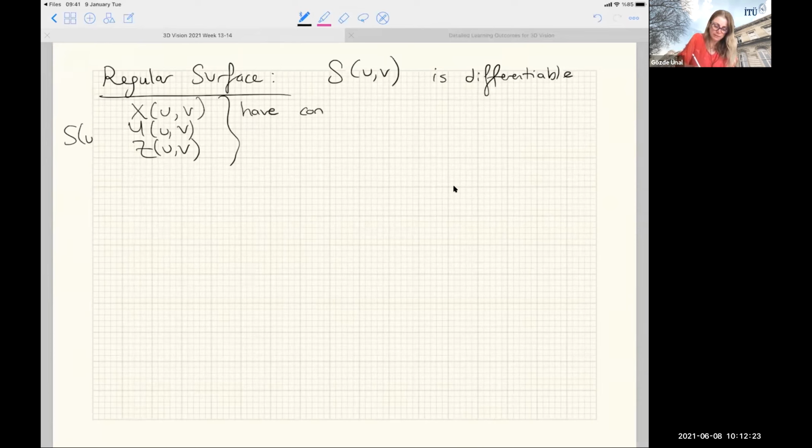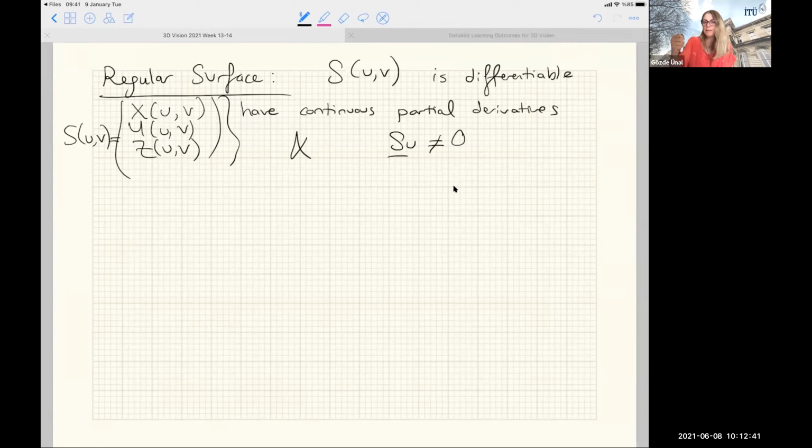This is really S(u,v). Have continuous partial derivatives, I mean, equivalently, it's differentiable, and S_u, the del S by del u is not zero, del S by del v is not zero, and then also S_u cross product S_v should not be the zero vector, okay?